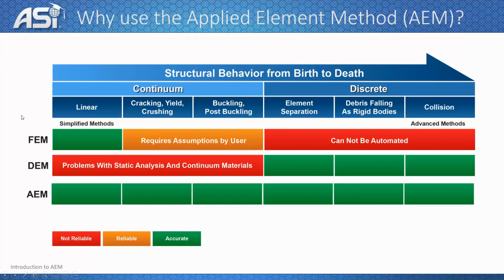So there are many numerical analysis methods available in the market. The first one that we all know about is the FEM method. It's very good when it comes to linear elastic analysis. Then when you go to cracking, yielding, and crushing, also buckling and post buckling, the user has to put some assumptions in the model, especially if you are using something like SAP2000 or ETABS or Perform 3D or any simplified nonlinear analysis software.